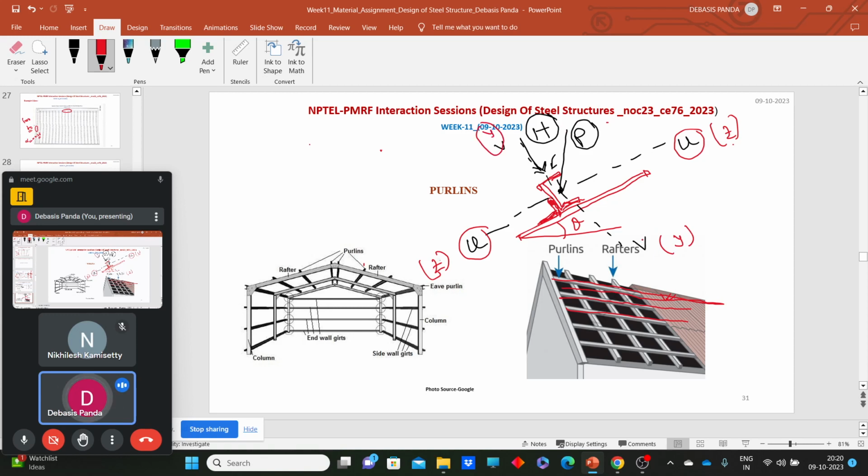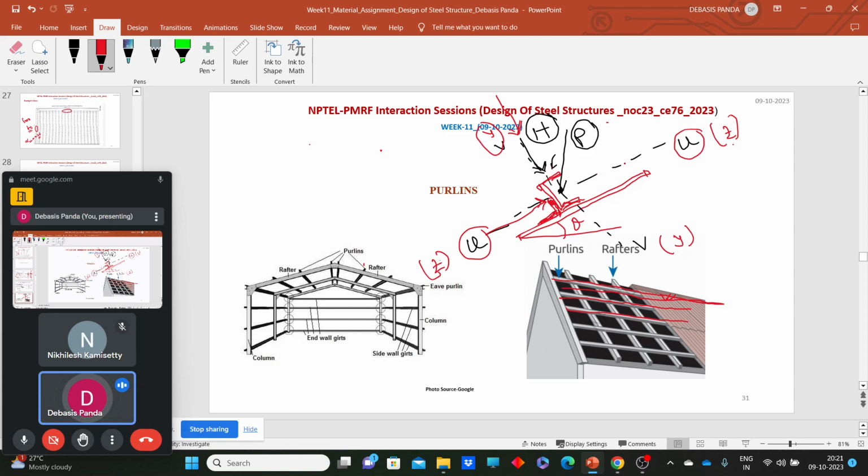Now the question is, what should be the component of force acting along the direction perpendicular to the roof, and along this other direction? What should be the magnitude of load along YY and along ZZ, or I can say along VV and along UU?